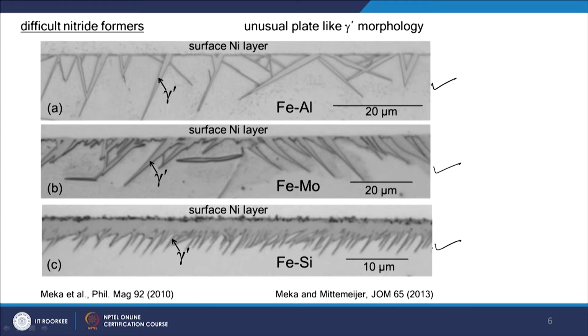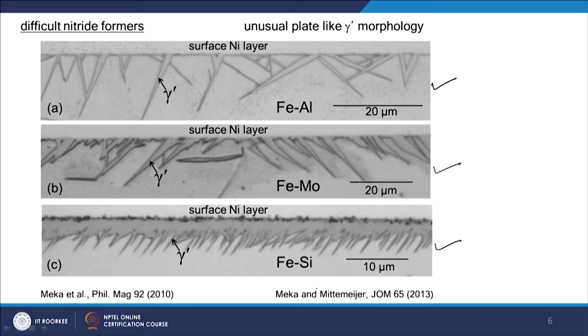What you see is that from the surface the iron nitrides are not growing as a layer as before, they are growing like a needle or a plate into the matrix. These are all iron nitrides growing into the matrix, and a very similar observation you see for molybdenum as well as for silicon.